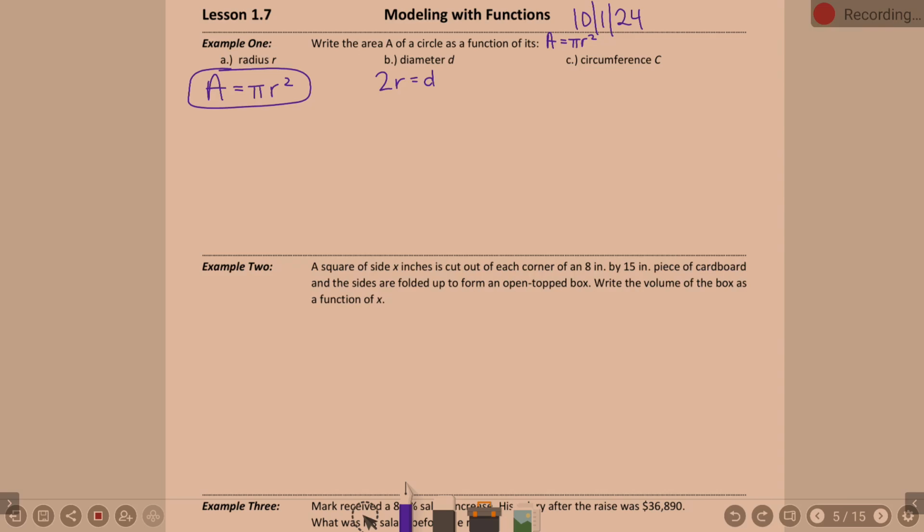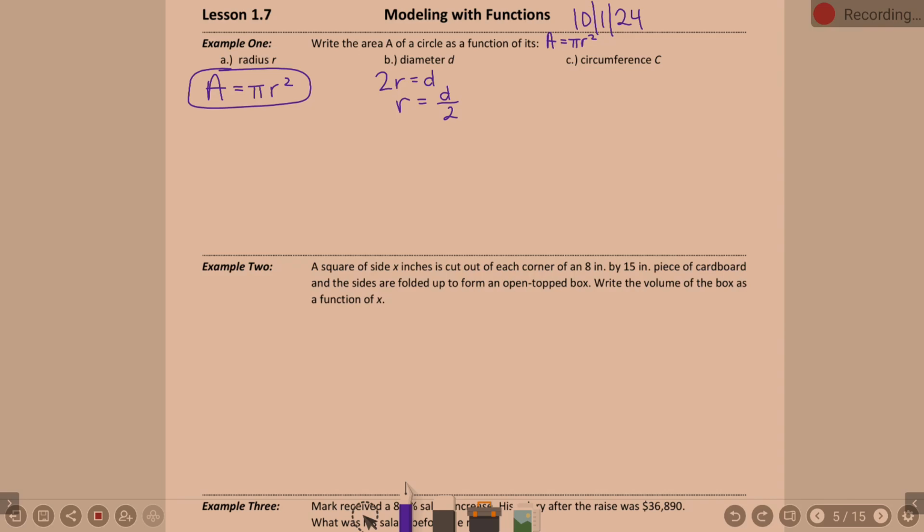That's basic knowledge. So what is the radius equal to? We could rewrite this and say the radius is half the diameter. Radius is d divided by 2.